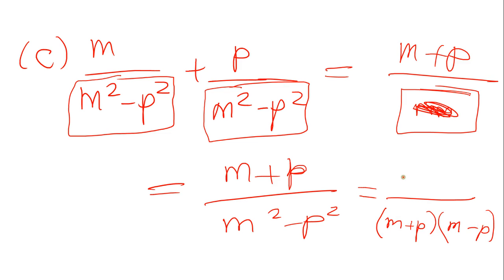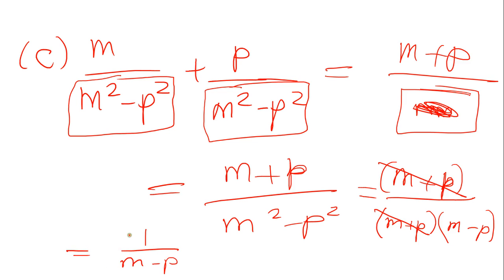And the numerator is m plus p over m plus p. So that ends up being 1 over m minus p, which you can verify by checking your text. It's coming straight out of the book. So that's what we end up having.